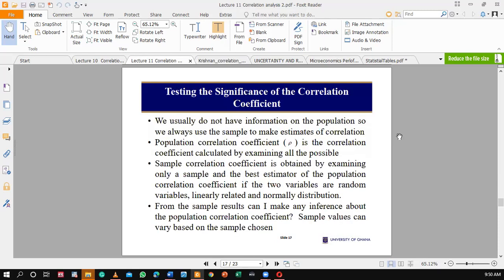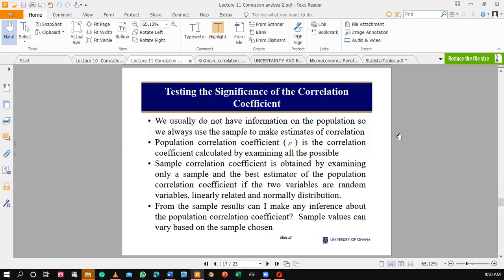Now, after finding the correlation coefficient, we need to test the significance of the coefficient. The data that we used to calculate the correlation coefficient was a sample data, just a sample taken out of a population data. So can we use the sample correlation coefficient to make an inference about the population correlation coefficient?